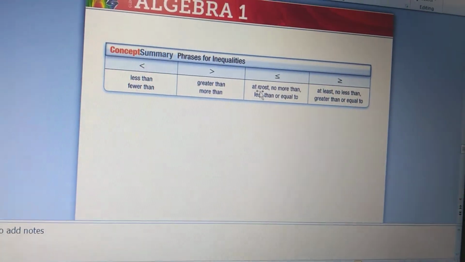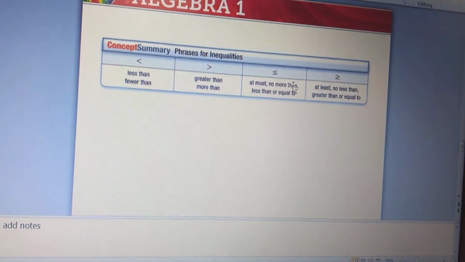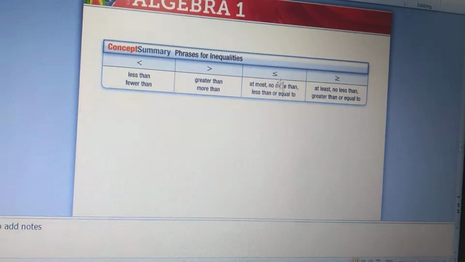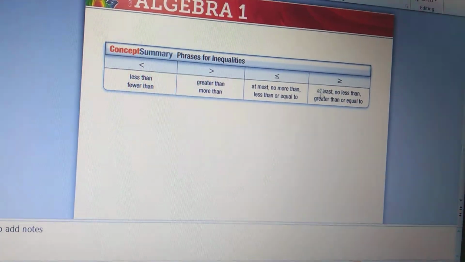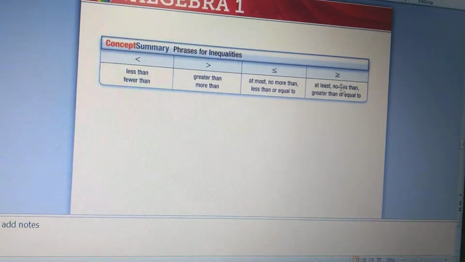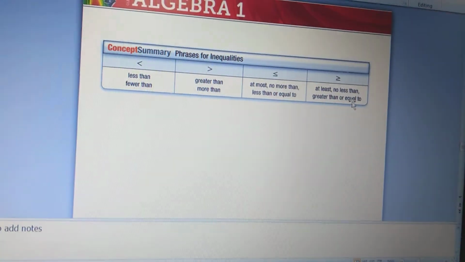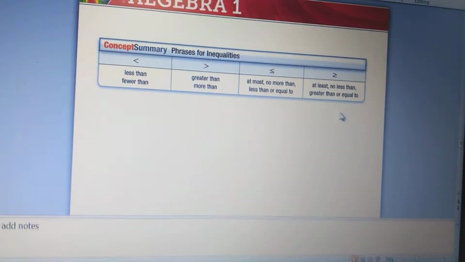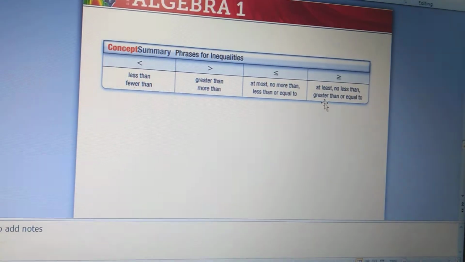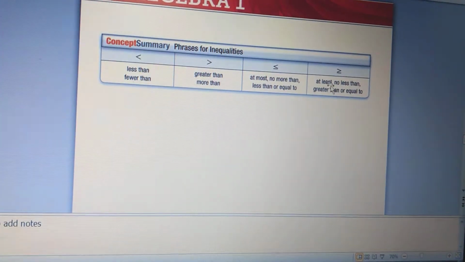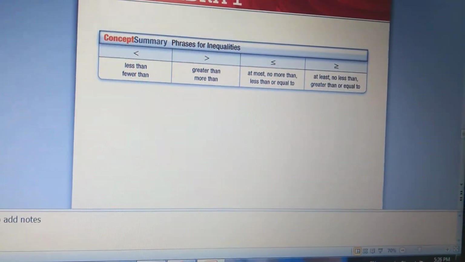If you see in the problem solving at most, or no more than, or less than or equal, you use this sign. When you see at least, no less than, greater than or equal, you use this sign, which is greater than or equal. This means greater than or equal is the same as at least or no less than.